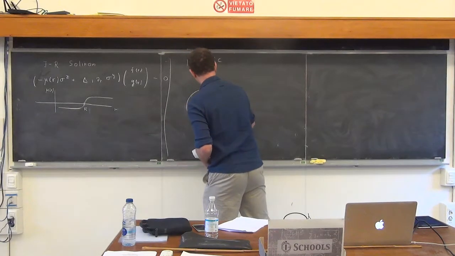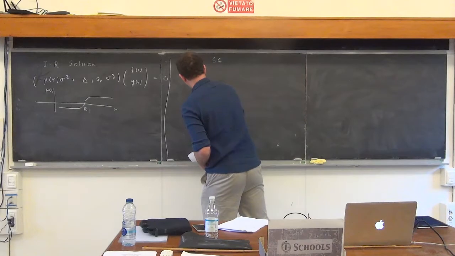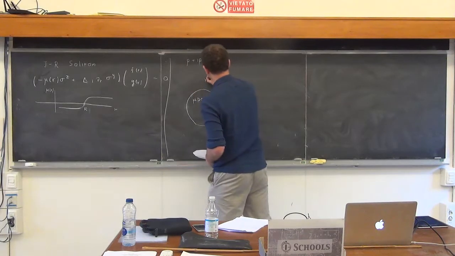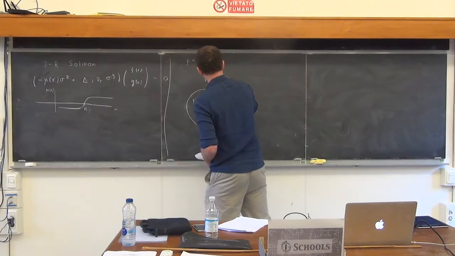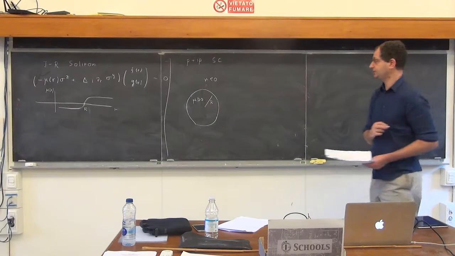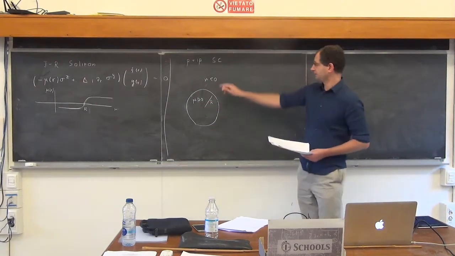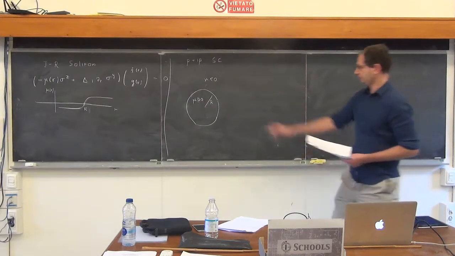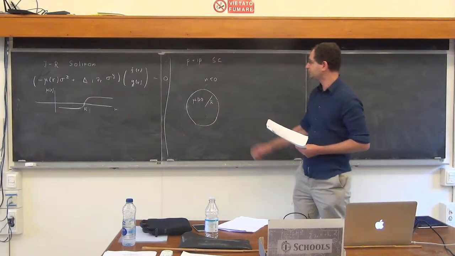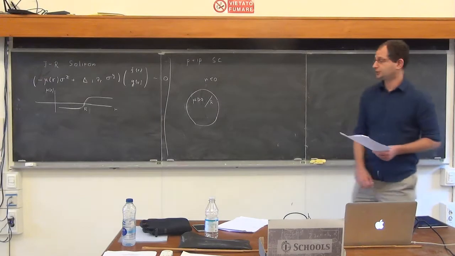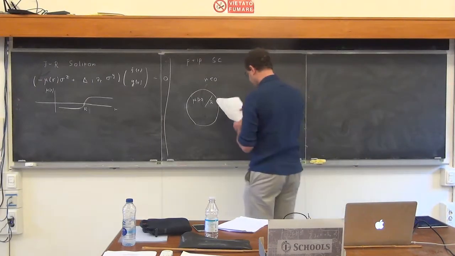So this was our disk, radius R, and the chemical potential is bigger than 0 within the disk, and smaller than 0 outside of the disk. So this is the topologically non-trivial phase. This is the trivial phase, and we were finding the spectrum of states which are localized at this boundary.